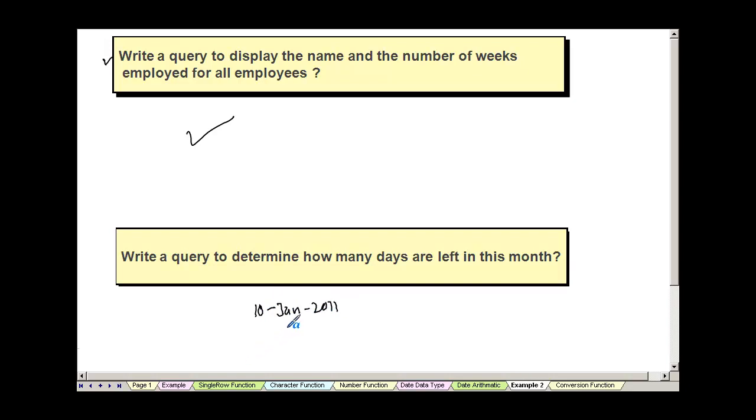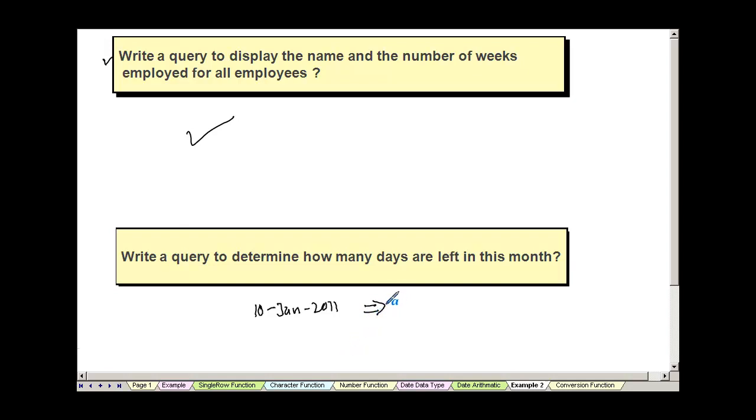So if I run this query today, then it will compute the date of the last day of the month, and then basically it will give me the difference between the last day and today in this month. Okay.